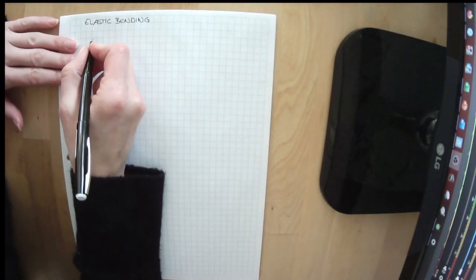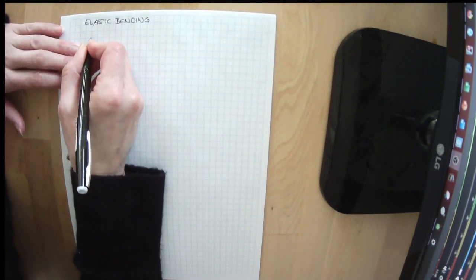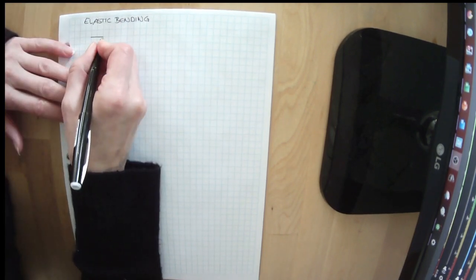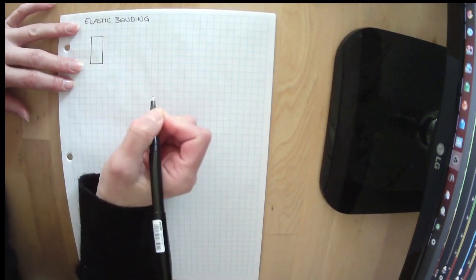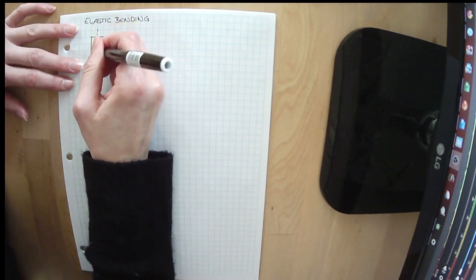We know that we're talking about a member with a cross section that looks like this. We don't know what it is.